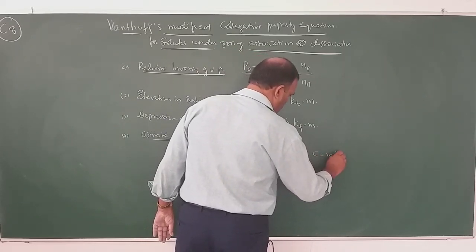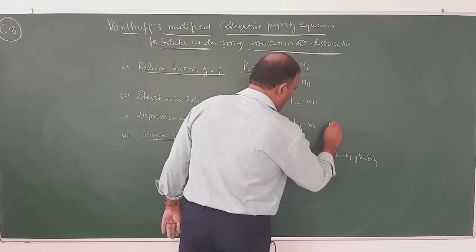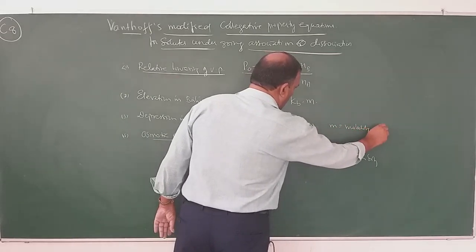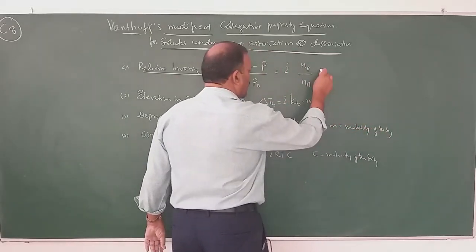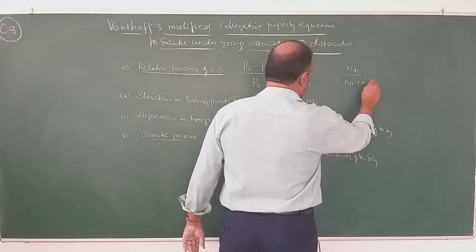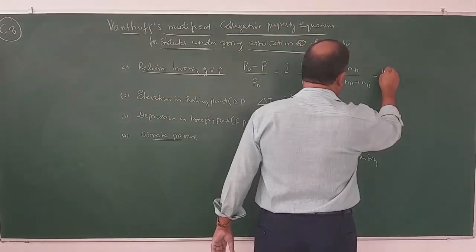C equals molarity of the solution. m equals molality of the solution, and NB divided by NA plus NB equals mole fraction of the solute.